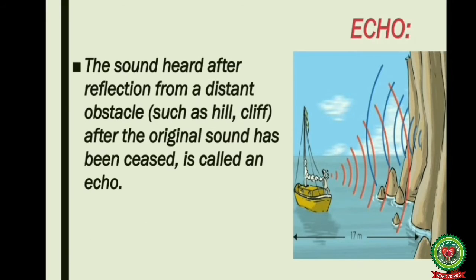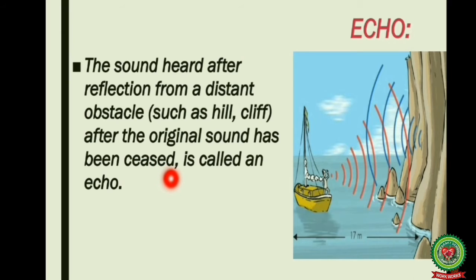So the definition comes up as: the sound heard after the reflection from a distant obstacle. Distant means a far away obstacle. The obstacle should be at least 17 meters away from the source of sound. Then only an echo is produced, after the original sound has ceased.